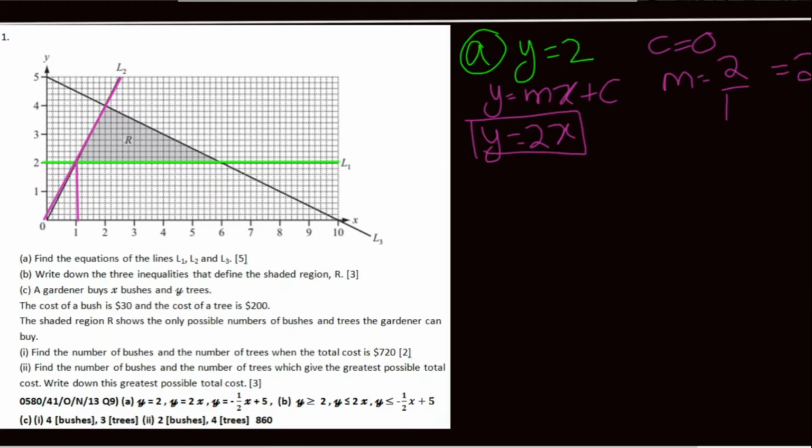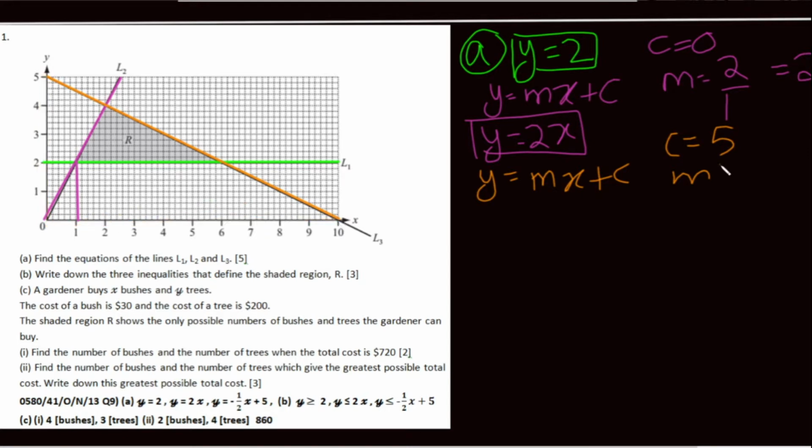So the second equation is y equals 2x. We'll do the same for the third one. This was the first equation. Now let's try line 3. For line 3, the y-intercept is 5, where the graph cuts the y-axis, so it's going to be y equals mx plus c. c is 5 and for m, the rise is 5 units and the run is 10 units.